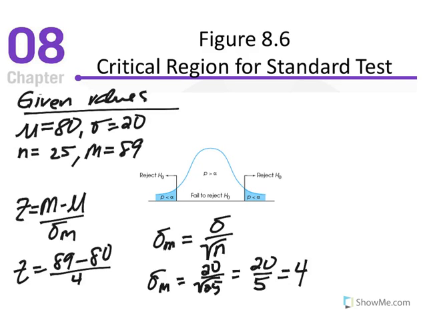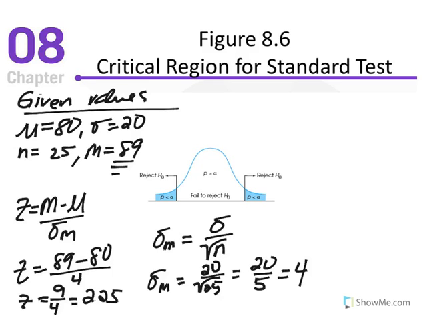So now if we want to calculate our z-score, or our test statistic as we refer to it, we would take 89 minus 80. So z is equal to 9 over 4, and that is equal to 2.25. So what we're saying is the sample mean of 89 is 2.25 standard error units from the population mean equal to 80.